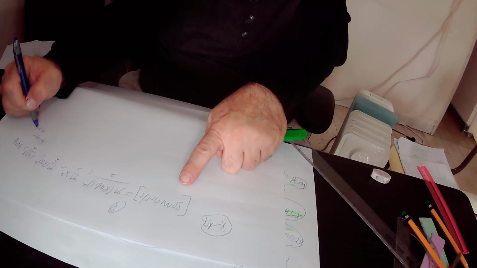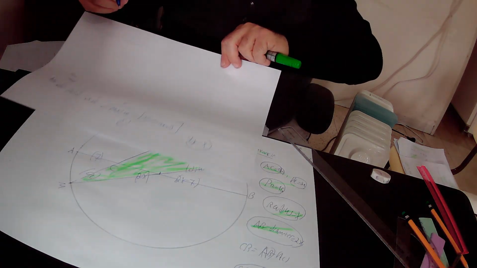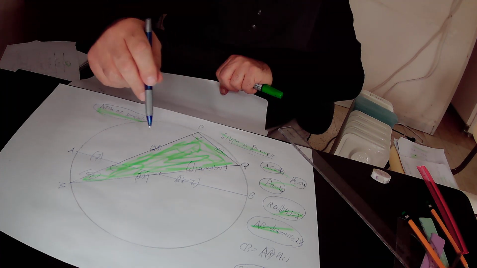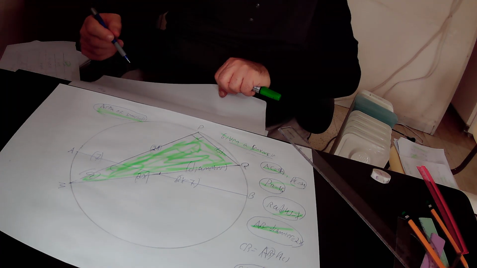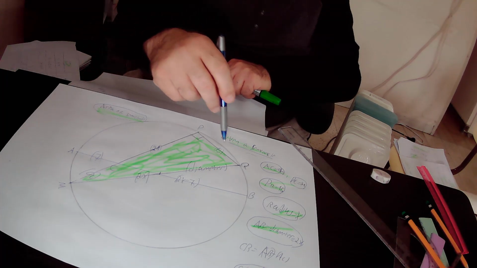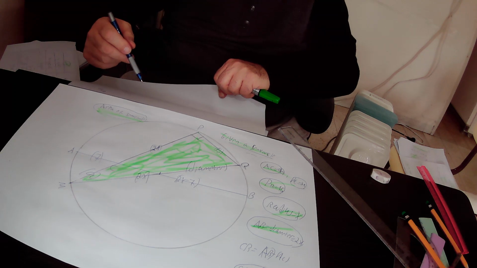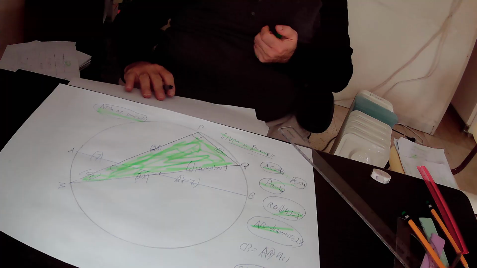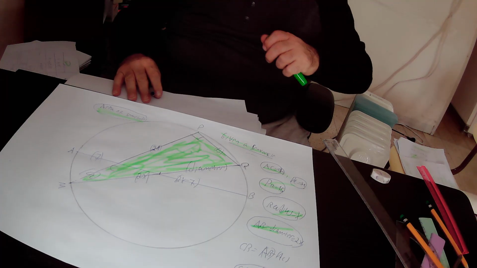Again, the area of this semicircle APQB, the area we're looking for in this question, equals either 289 pi over 2 square units, or in terms of numbers, 453.96 square units. So we finish with the second question.